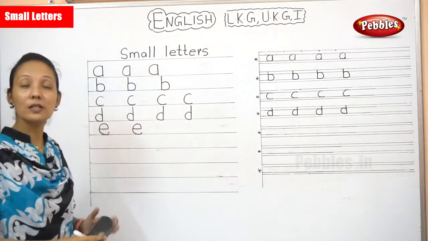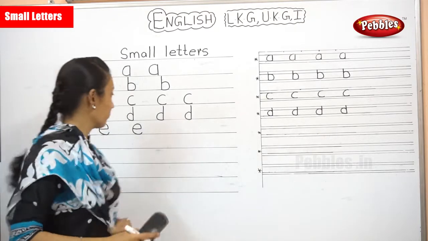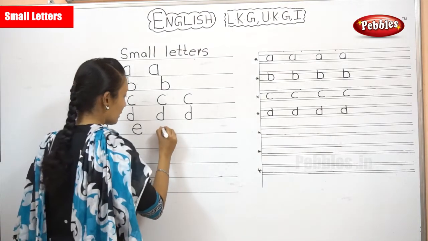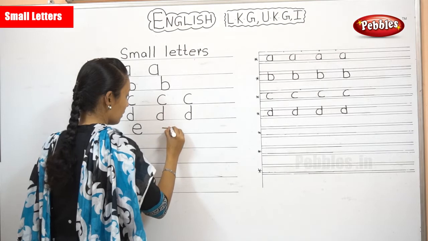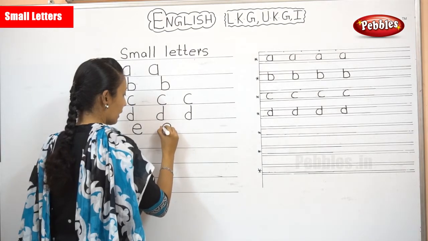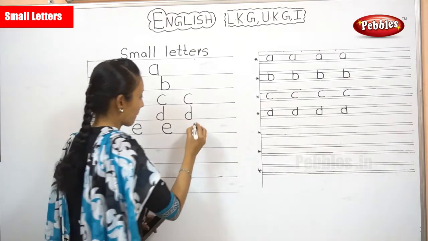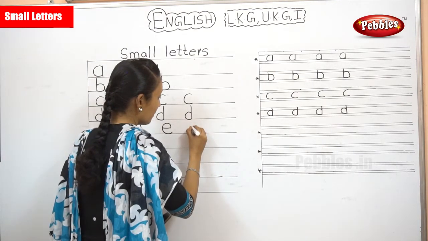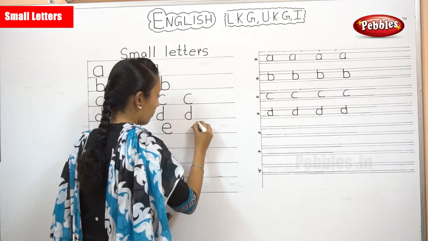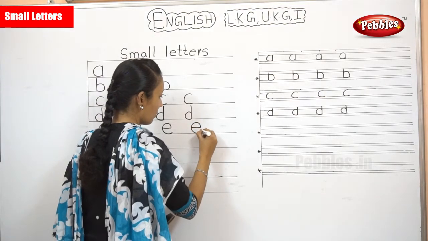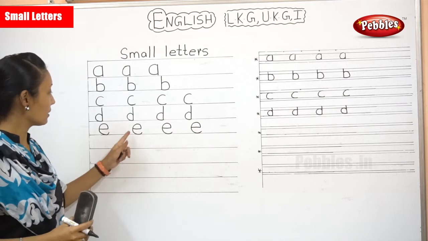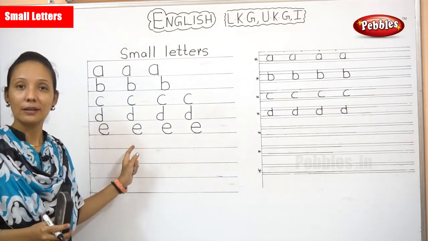This is called small E. Again, a sleeping line, go up and come down. It is E.